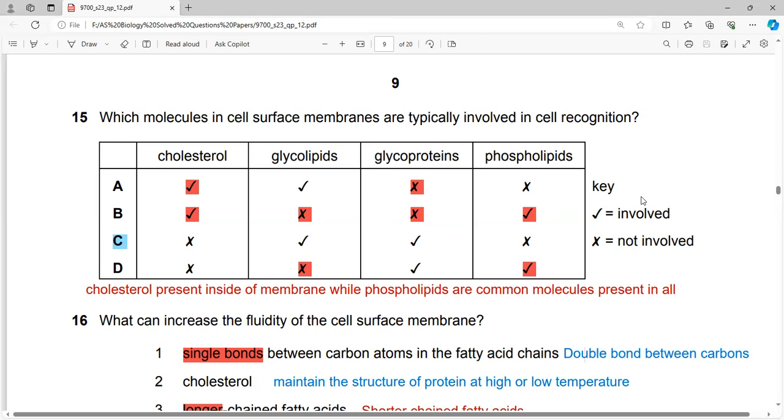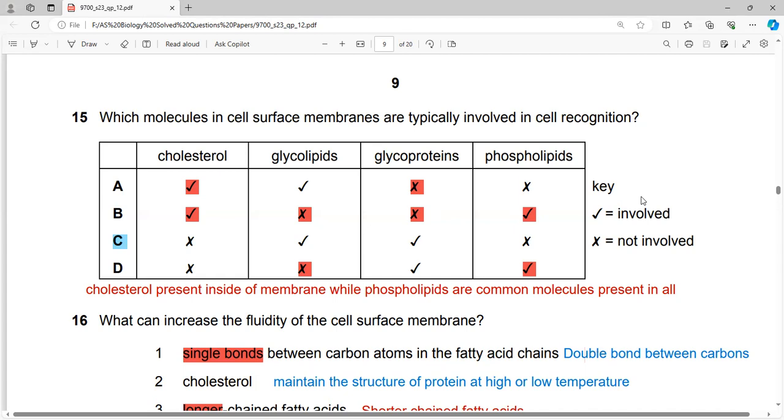So in this way, we can see that cholesterol is not involved in cell recognition, while the glycolipid, the carbohydrate bound with the lipids on the cell surface membrane, performs the role of cell fingerprinting. So that's also involved. What about glycoprotein?